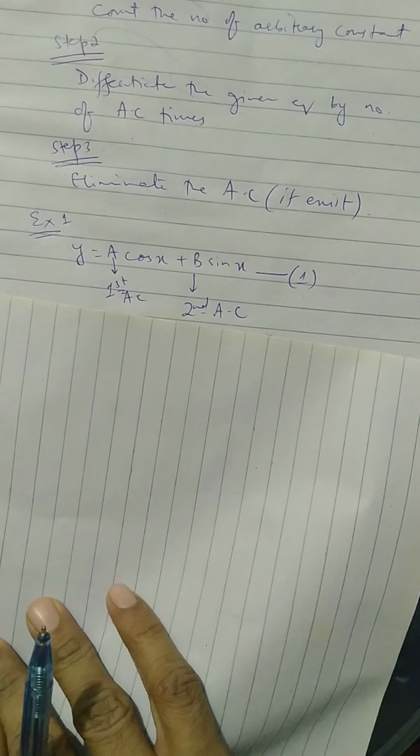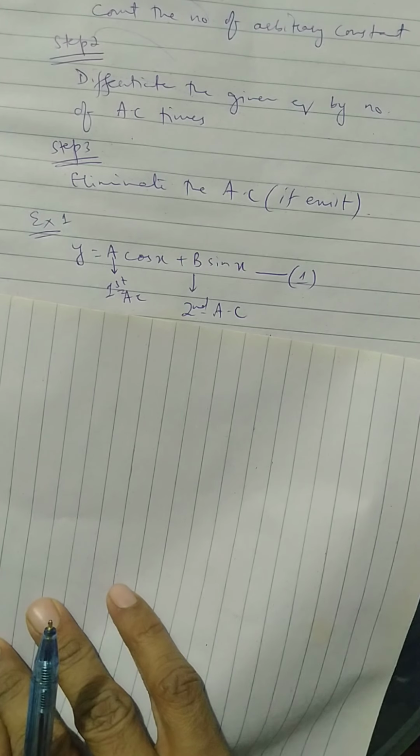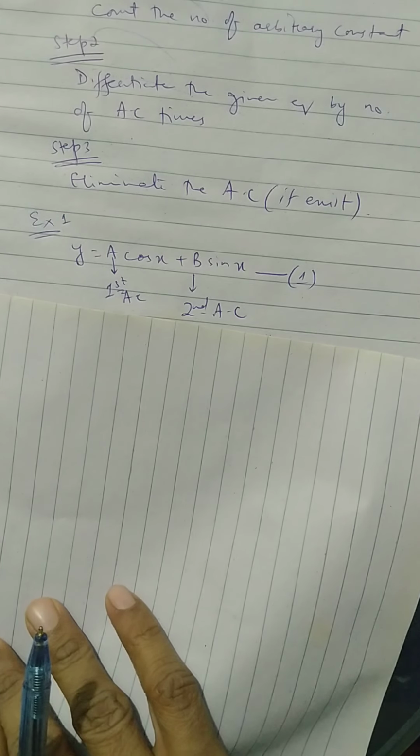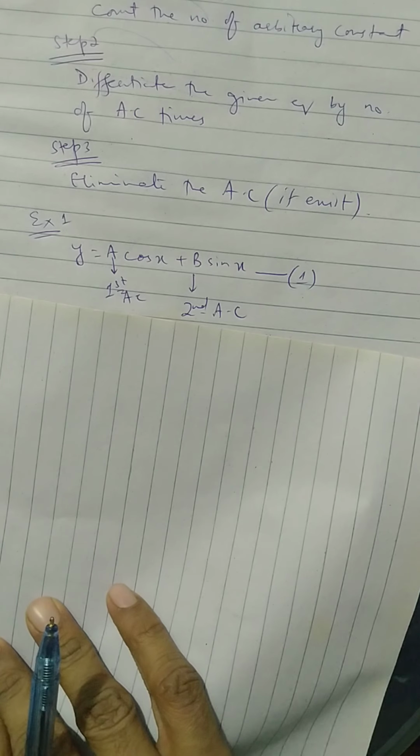Now we have to differentiate this equation two times, with respect to x, since in this equation the dependent variable is y and the independent variable is x. For book study or lecture delivery, it is standard that we consider x as the independent variable and y as the dependent variable.